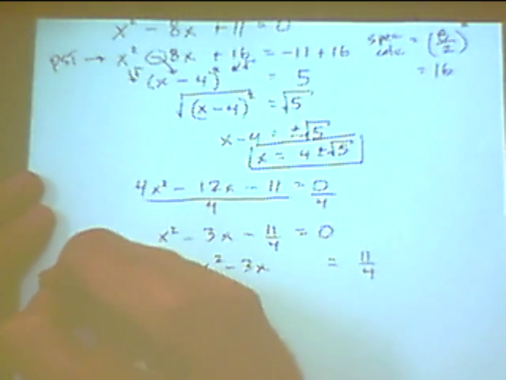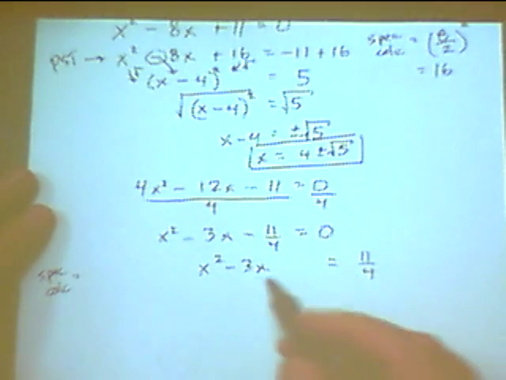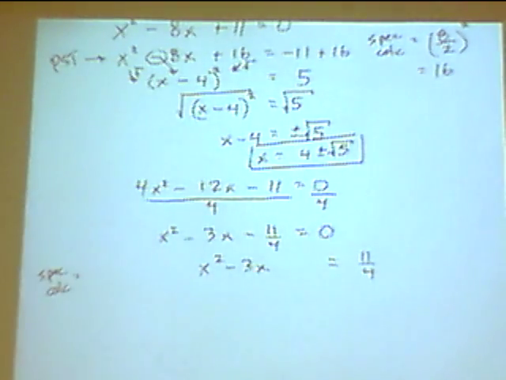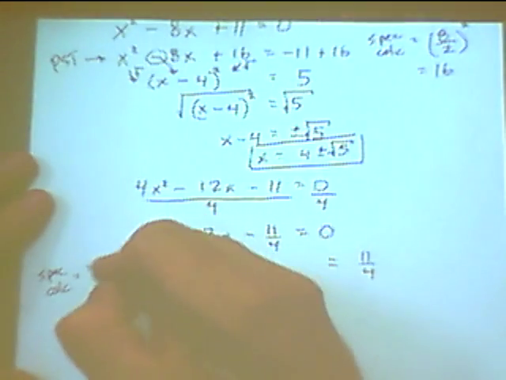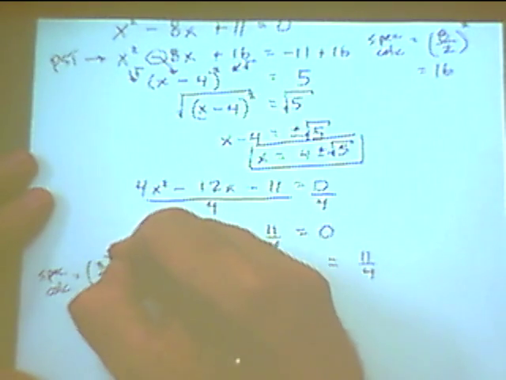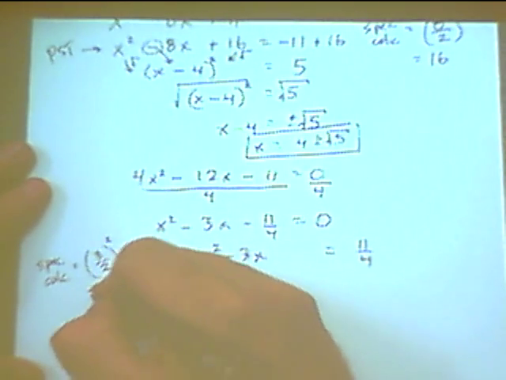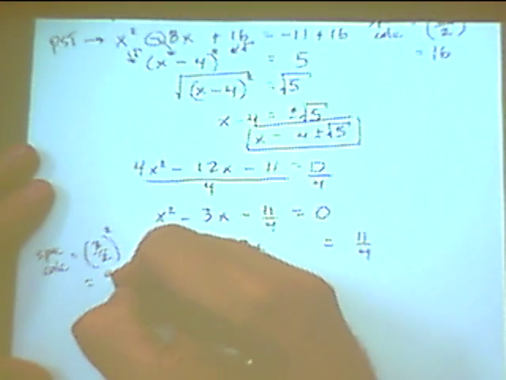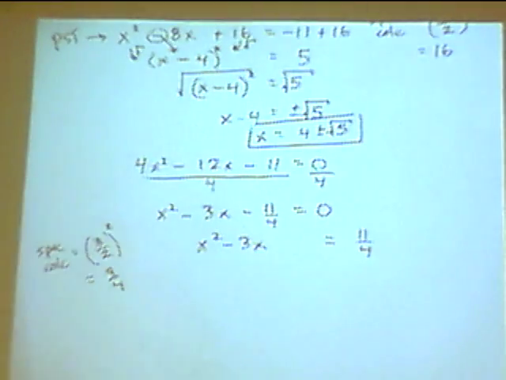And now if I do my special calculation, I take the number in front of the middle term, that 3, I divide it by 2, and then I square it. It turns out to be 9/4.